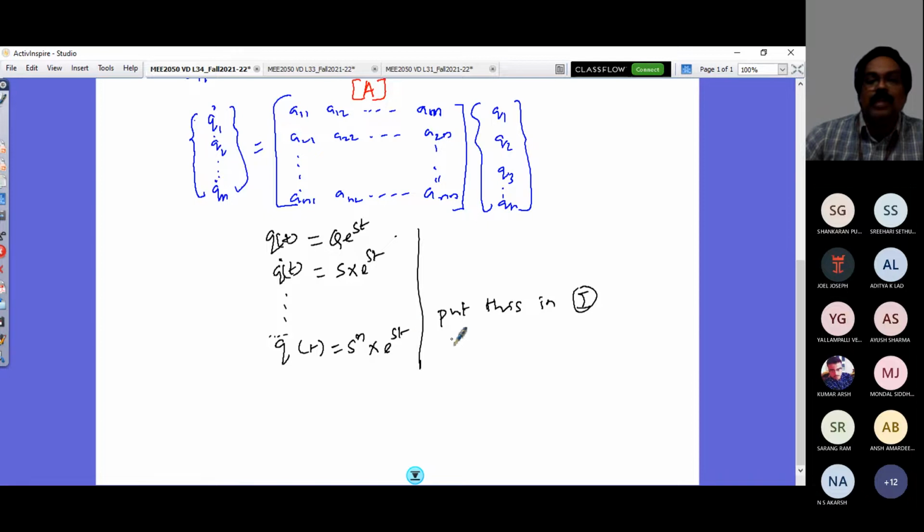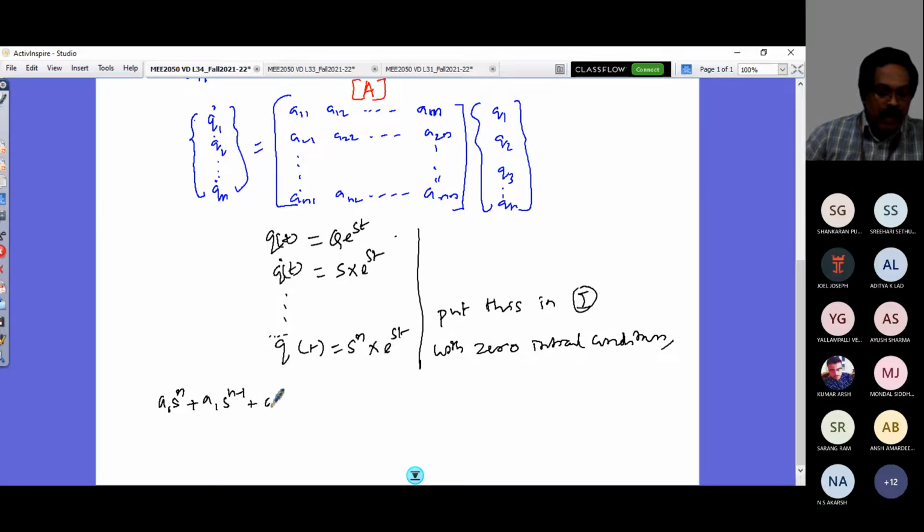When I put this with 0 initial condition, I would be able to have a0 s power n plus a1 s power n minus 1 plus a2 s power n minus 2 plus and so on plus an, that's equal to 0.